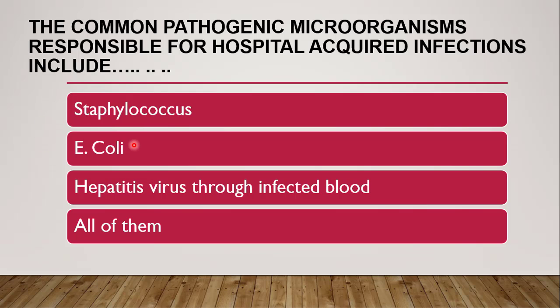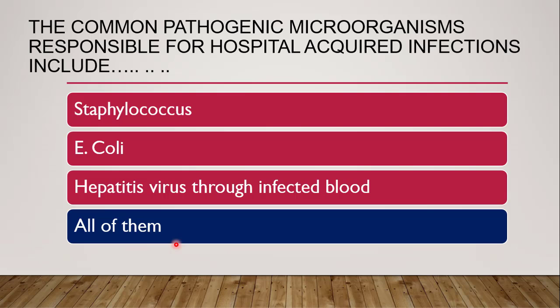Along with all these bacteria, also hepatitis virus through infected blood. So the correct answer is, it is all of them. Pathogenic microorganisms responsible for these diseases are staphylococcus species, streptococcus species, Corynebacterium diphtheriae, Clostridium tetani, and hepatitis virus through infected blood, etc. So the correct answer is, it is all of them.